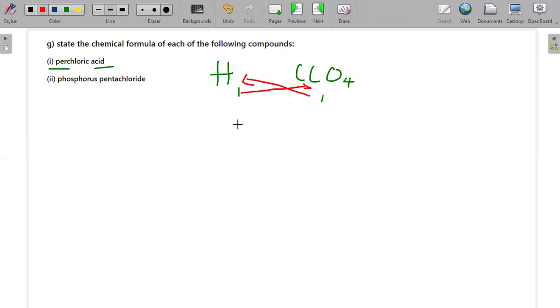The formula is HClO4, because even if I put the one there and the one there, it's still the same thing. So that's the formula for perchloric acid. I shared a video in the group on how we come up with these formulas, so you can watch it to get other examples.